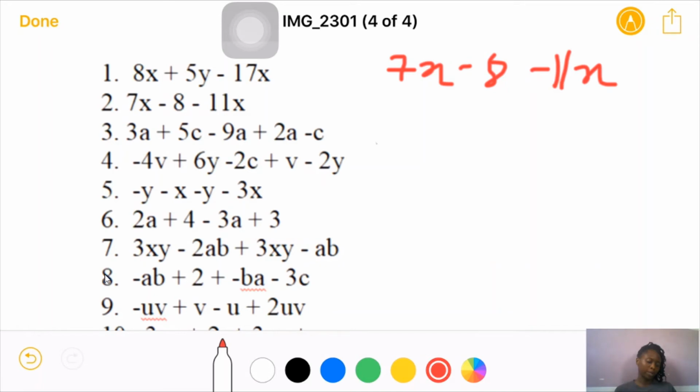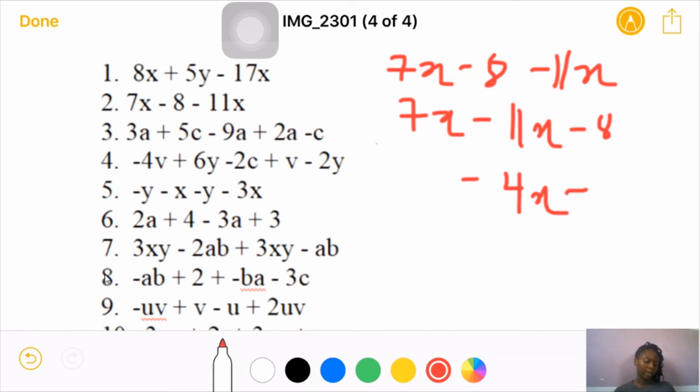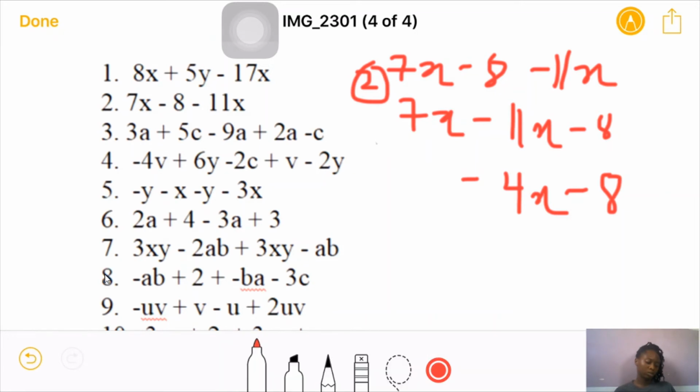So grouping items, I would have 7x minus 11x minus 8. So this will be 7 minus 11 again. So I have 7 CDs at hand, but I'm owing 11 CDs. So how much will be left? That is negative 4x minus 8. So this is number 2. So I'll just cut this.